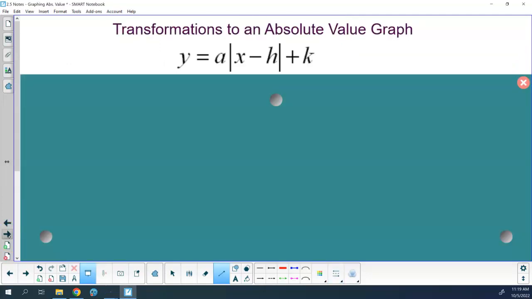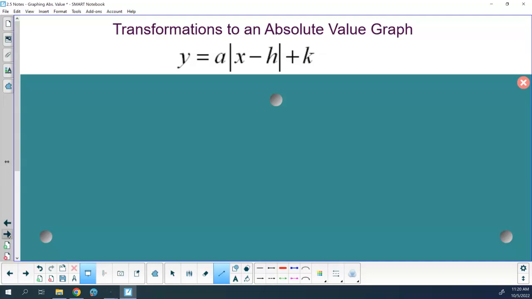The other way of doing it is using the transformation method. So the transformative function for an absolute value is y equals a times the absolute value of x minus h, then plus k. Now, the transformations that can happen with a V graph is we can move it up or down.